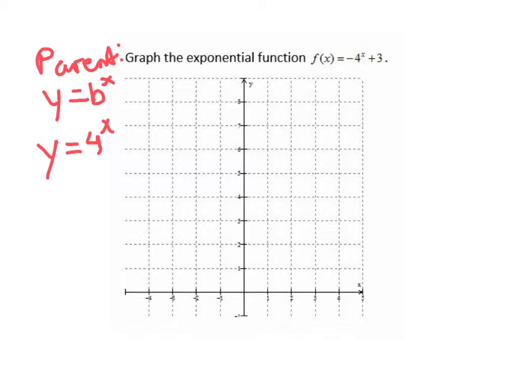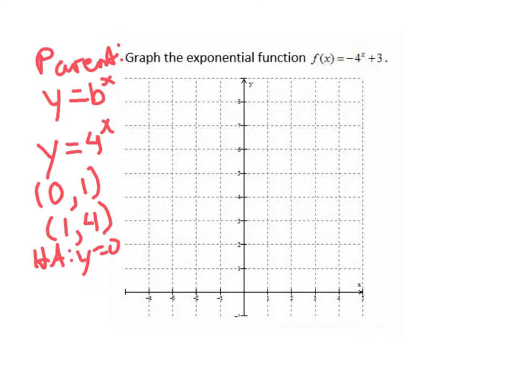So in this case, we want to start by graphing the parent function y equals 4 to the x. And you can get that on your page quickly by thinking of those three key features that I mentioned in the previous video, which are 2 points, the point (0, 1), the point (1, whatever your base is), so in this case 4, and then the horizontal asymptote at y equals 0.